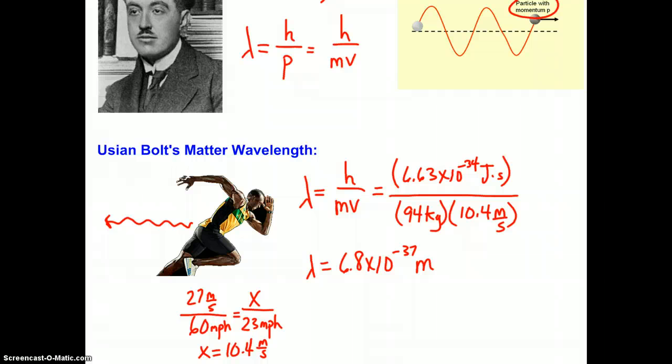And what you find by looking at the electromagnetic spectrum on the reference table is that you can't find it. The smallest observable wavelength is on the order of 10 to the negative 14 meters or so, maybe 10 to the negative 15. This is very, very tiny and not observable.